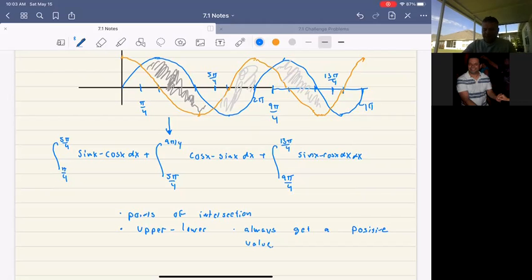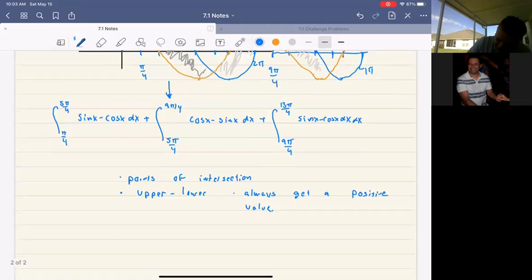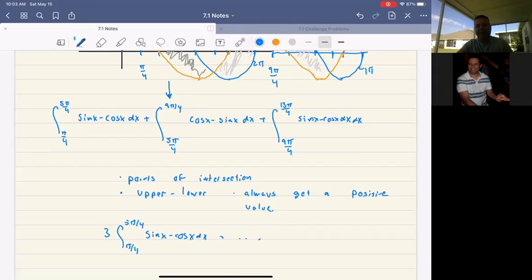This one would be 3 times the integral from pi over 4 to 5 pi over 4 of sine x minus cosine x dx, and I will assume we all know how to integrate that.